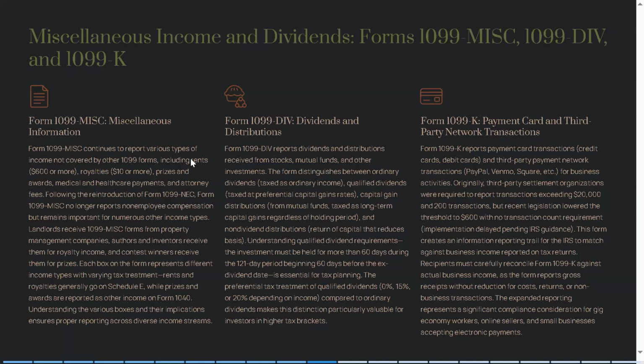Form 1099-K reports card transactions and third-party payment network transactions, PayPal, Venmo, Square, etc., for business activities. Originally, third-party settlement organizations were required to report transactions exceeding $20,000 and 200 transactions. Recent legislation lowered the threshold to $600 with no transaction count required.